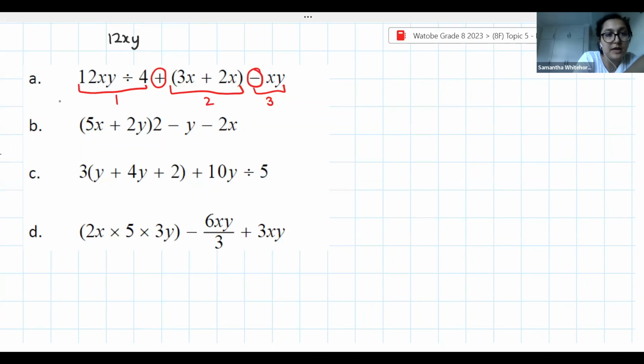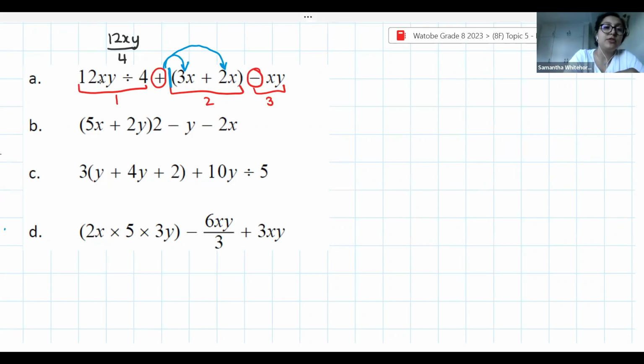This would be 12xy divided by 4, and we know we can simplify that. If we have a look at this bracket, remember there is technically a 1 in front of it, but if I multiply positive 1 to positive 3x, it stays 3x, and if I multiply positive 1 to 2x, it stays 2x. So it doesn't change anything, but we can remember that it is there.